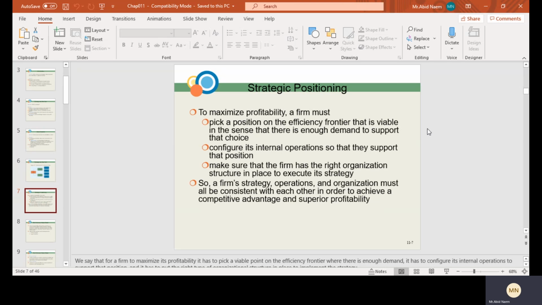That will be the effectiveness of your policies. And then configure its internal operations so that they support that particular position which you have developed for international businesses, and make sure that the firm has the right organizational structure in place to execute that strategy. So the firm's strategy, operations, and organization must all be consistent with each other in order to achieve a competitive advantage and superior profitability.